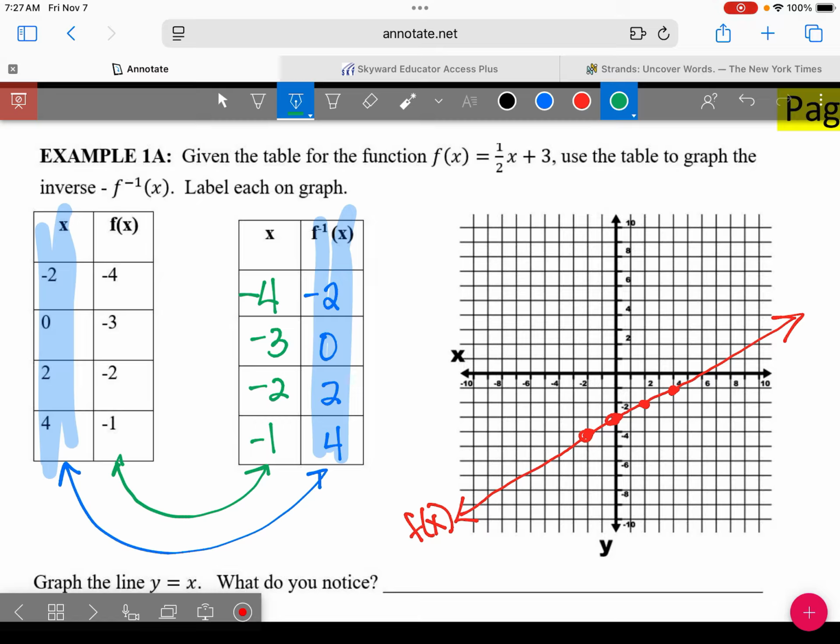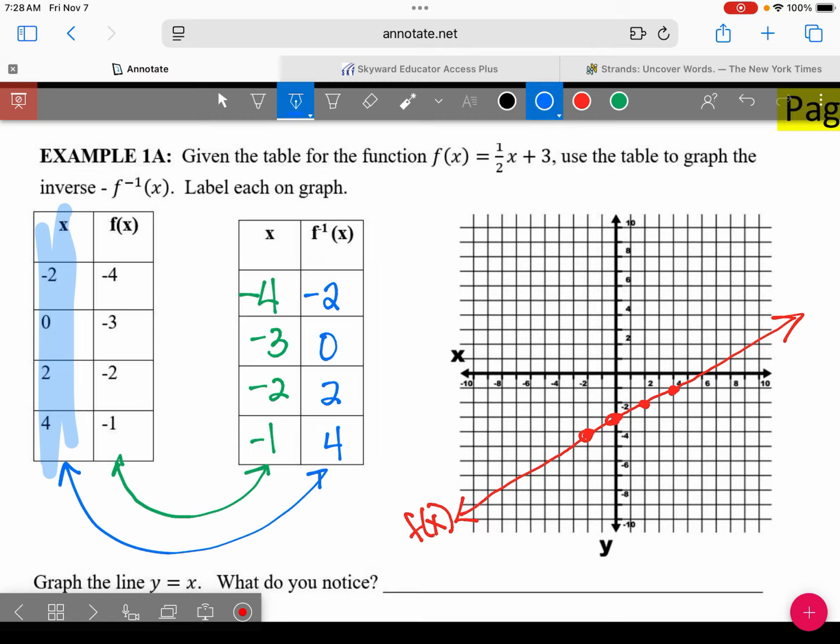All right, then I want you to graph. Go ahead and graph this. Yes. So if you look at the arrows, all of the x values became my y values, and all of my y values became x. So the first point, instead of -2, -4, it flipped to -4, -2. All right, go ahead and graph this one.